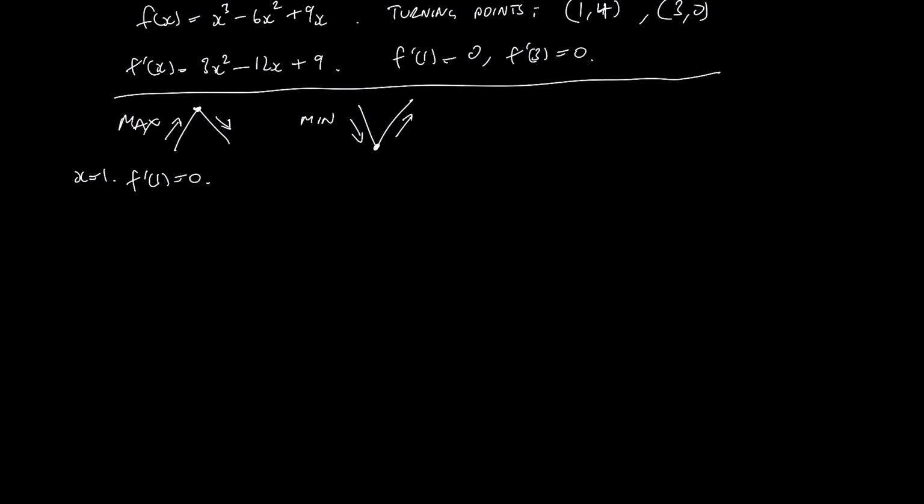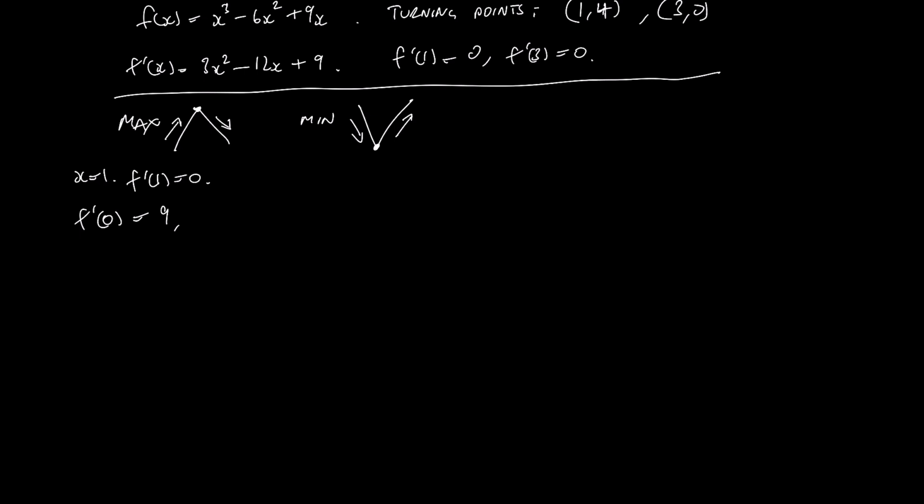So let's see what happens when we take a value of x less than 1. How about 0? Let's see f dash 0. That is 9. And then we'll try a value of x which is greater than 1.